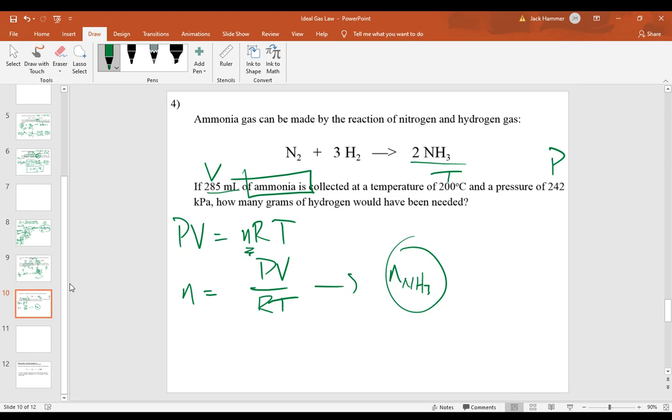So if you're collecting that much ammonia, then they turn around and ask how many grams of hydrogen could be made. Well, once you know how many moles of ammonia, you just use stoichiometry to get to grams of hydrogen.